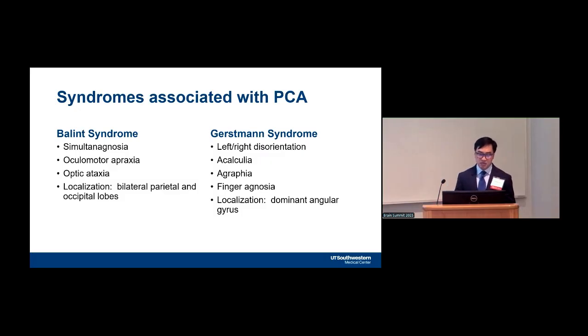If you can remember these two syndromes: Balint syndrome has a constellation of simultanagnosia, ocular motor apraxia, and optic ataxia. And then you have Gerstmann syndrome, where you have left-right disorientation, acalculia, agraphia, and finger agnosia. If you're seeing elements of that, you can be quite suspicious that they may meet criteria for posterior cortical atrophy.